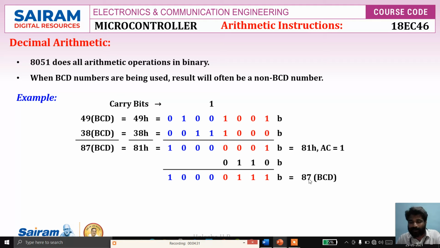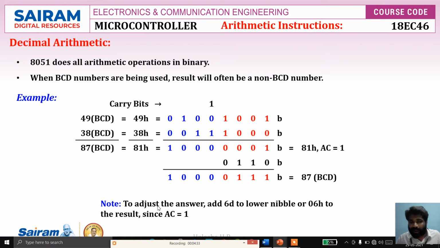So to adjust the answer, we should add 6 in decimal, or 06H, to the result, since the auxiliary carry flag is set to 1.